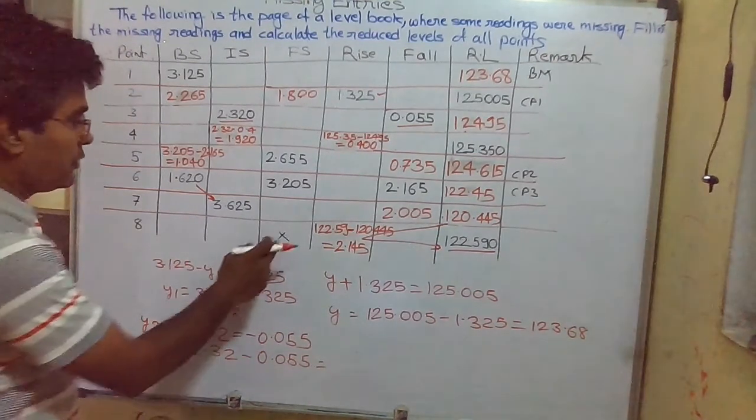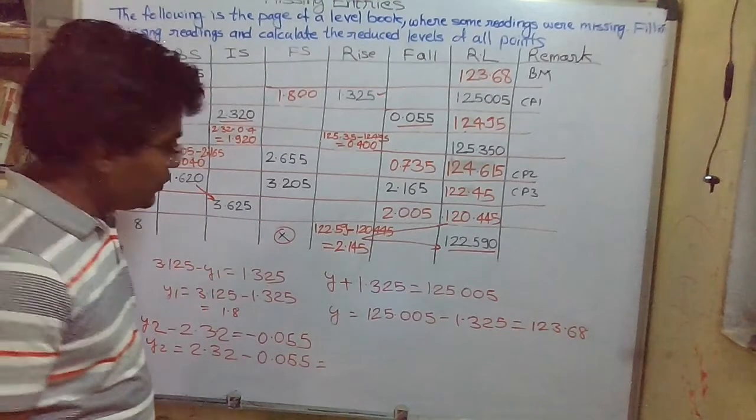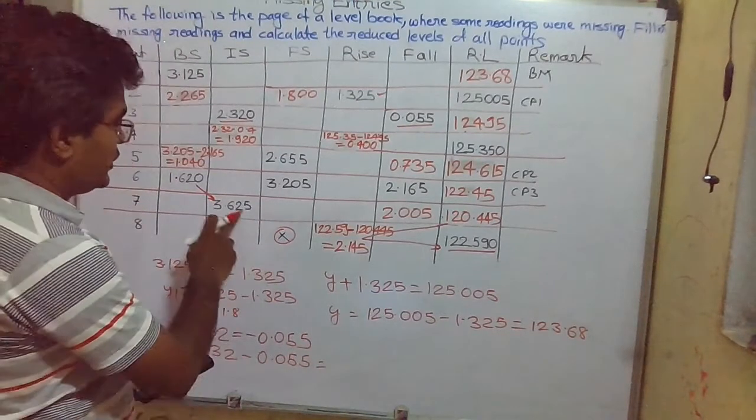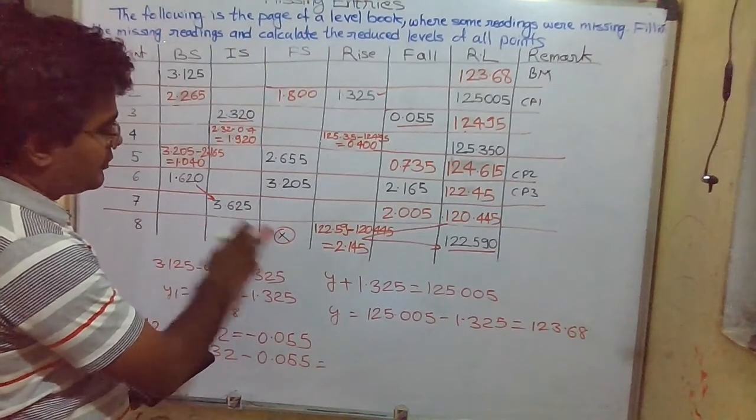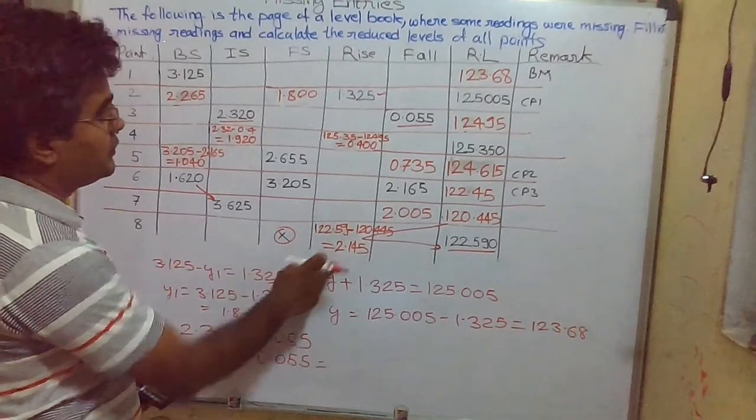Now, how do we determine this difference? If we subtract the next value from the previous value, we get the rise.